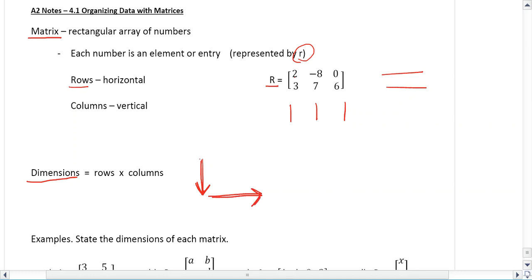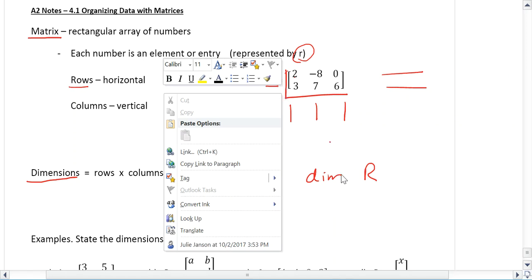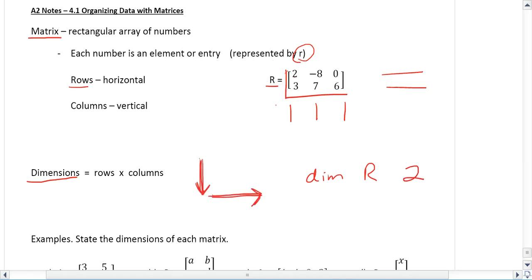So if you picture the letter L when you're asked to do the dimensions of a matrix, that will help you remember. So if we were asked to find the dimensions of matrix R here, we would count down and over. Counting down, there's two rows. So I'd write 2, and then counting over, there's 3 columns. So this is a 2 by 3 matrix.